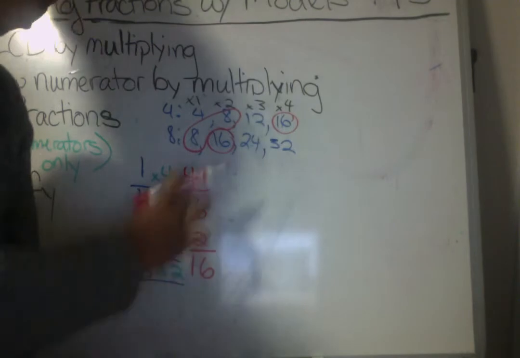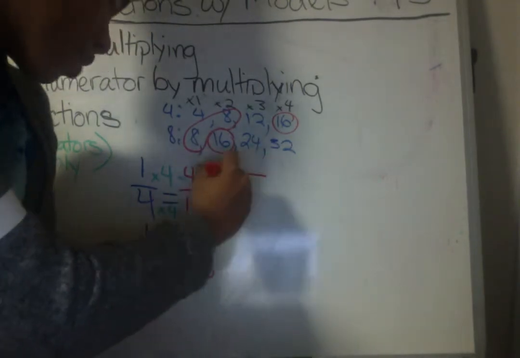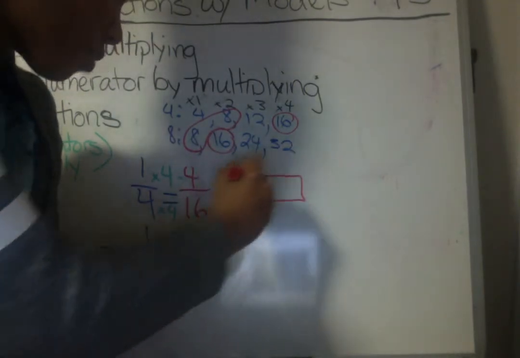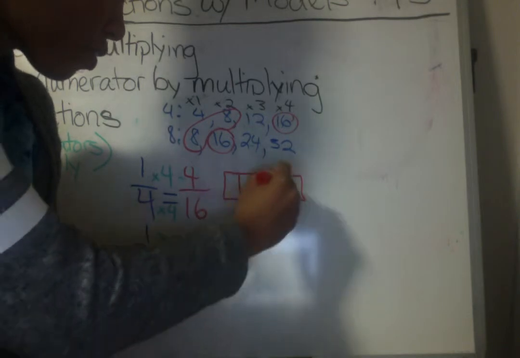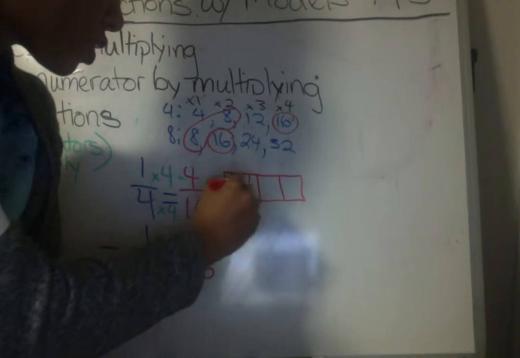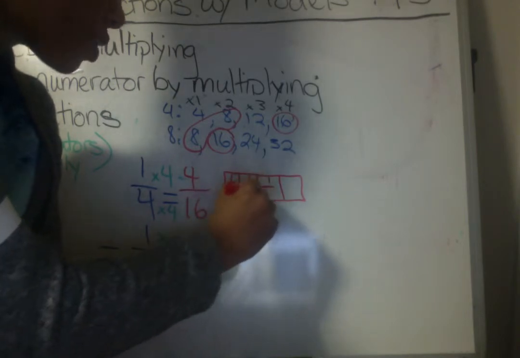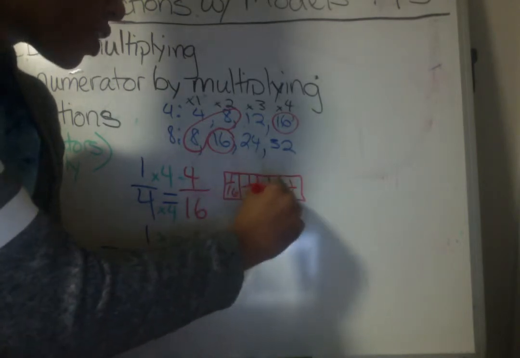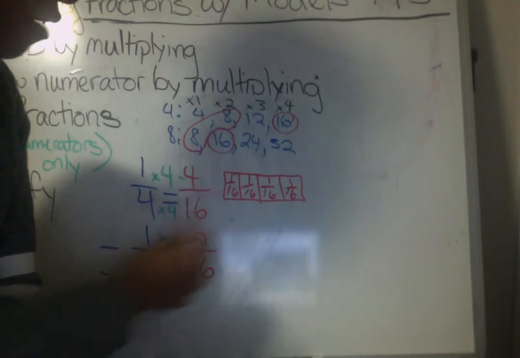Since we do not touch our denominator when we are adding or subtracting, I'm just going to draw my 4: 1, 2, 3, but I'm going to name them a 16th. This is a 16th. This is a 16th. This is a 16th.